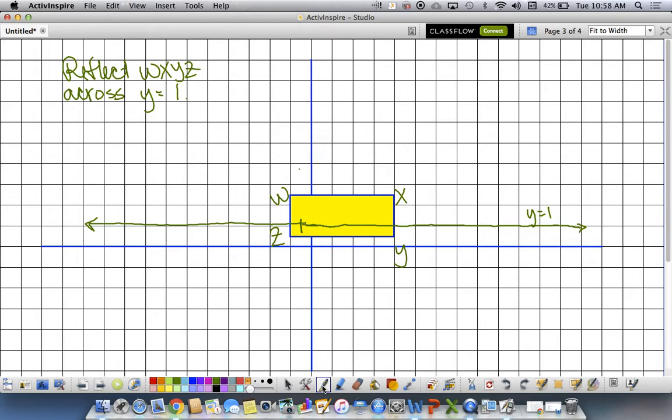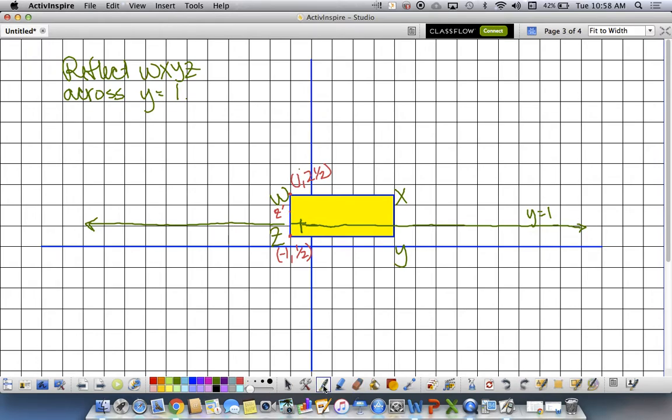What do you think we do? Well, if Z is below at negative 1/2, and it goes up a half, if it's below the line by a half point, guess where that point is going? It's going above at a half point. If W is at 1, 2.5, and it's 1.5 units above, I'm going to stop doing these little arc mark things.